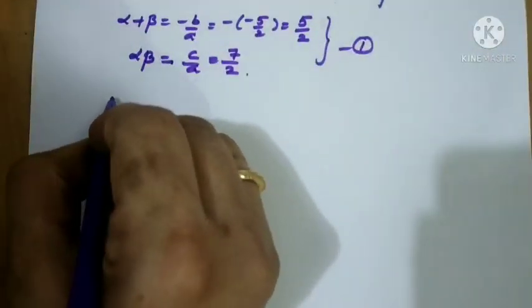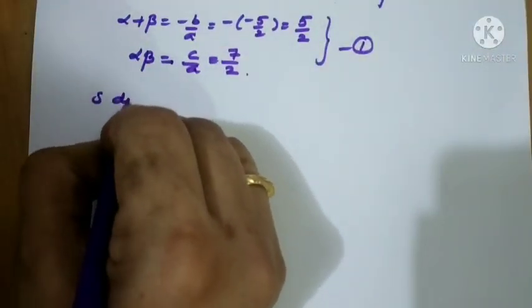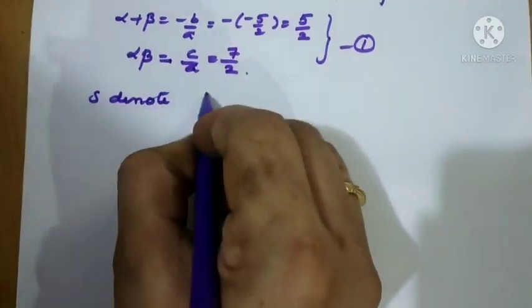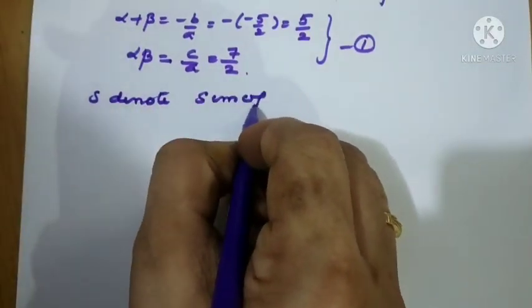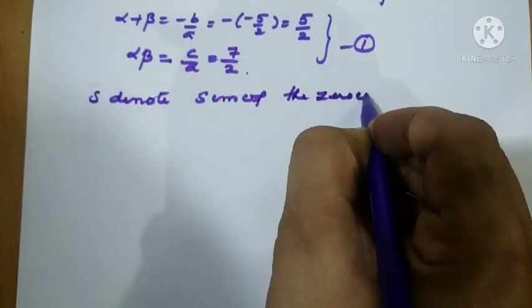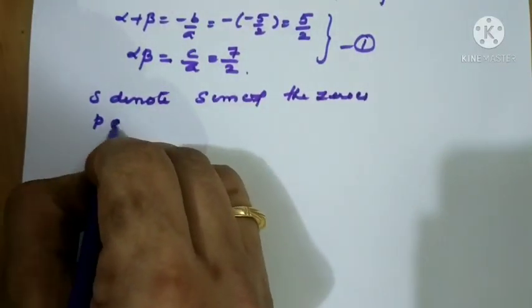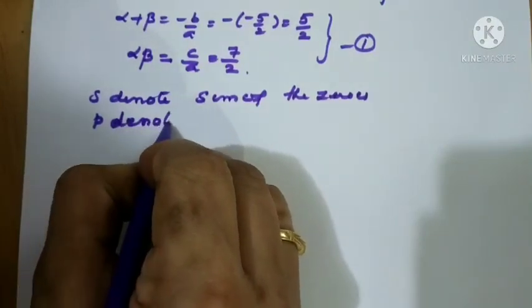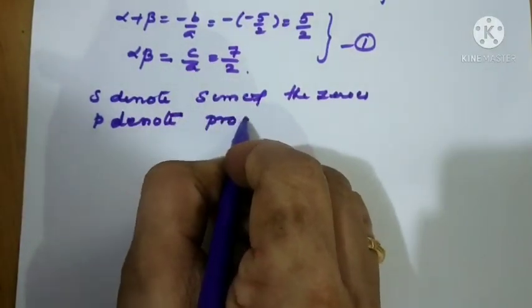What is the next step? Let S denote the sum of the zeros, P denote the product of the zeros.